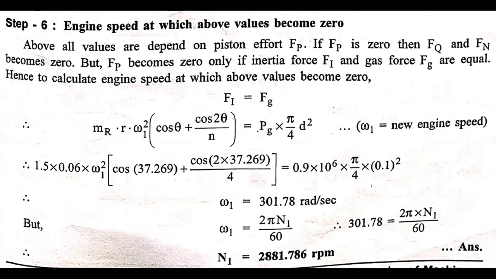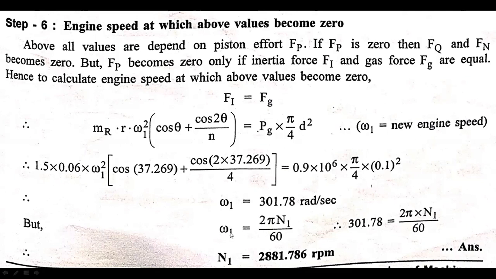So Fi is equal to mr into r into omega 1 square (cos theta plus cos 2 theta upon n), which is equal to Pg into pi by 4 d square. So we get omega 1 equal to 301.78 radian per second.